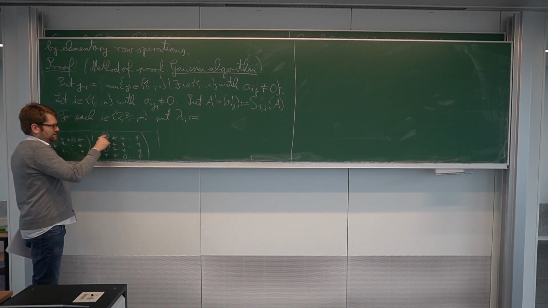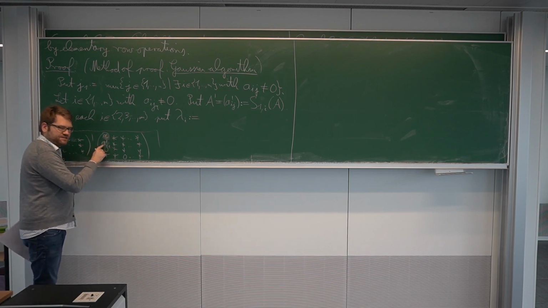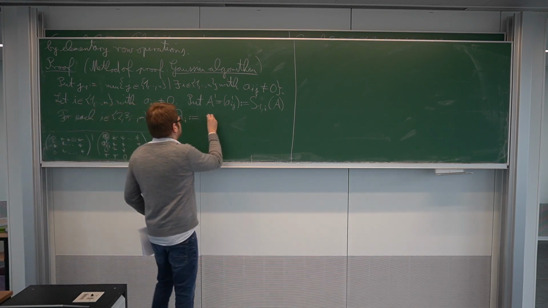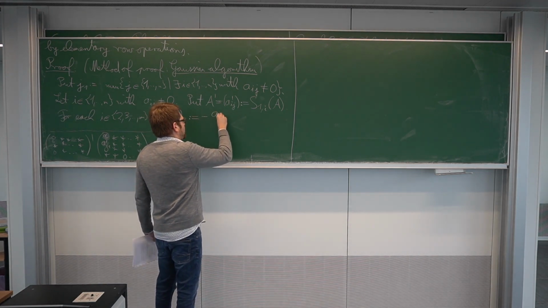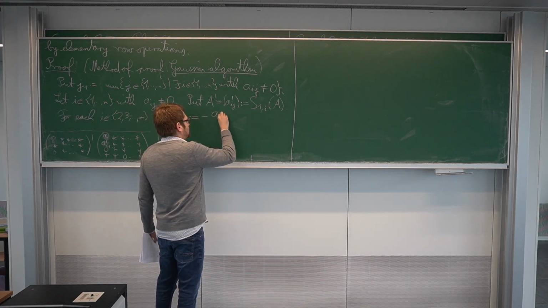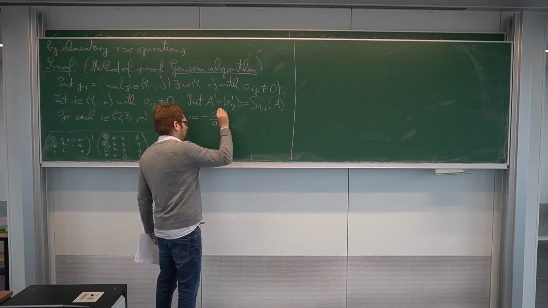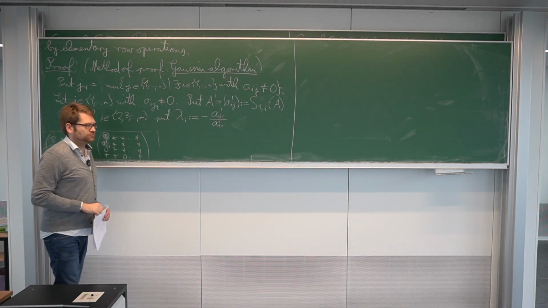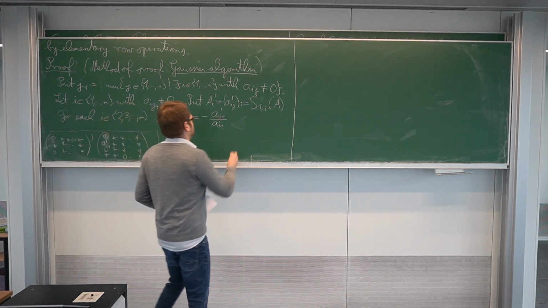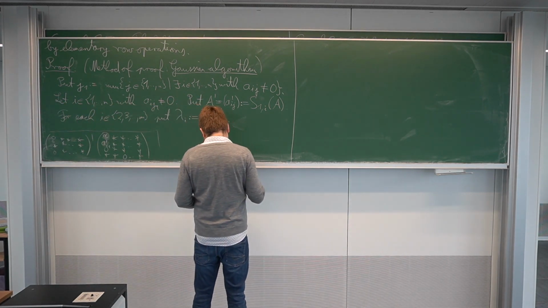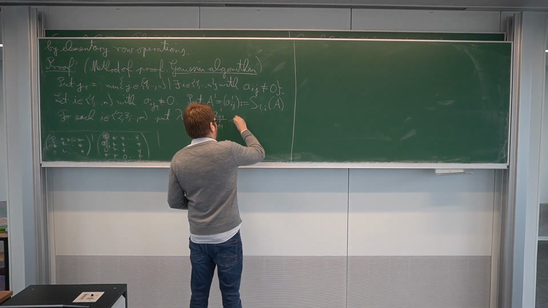To add a multiple of this to this and get 0, we must multiply by lambda_i, which is minus a_i1 prime divided by a_11 prime. Since a_11 prime is now non-zero, this is well defined.